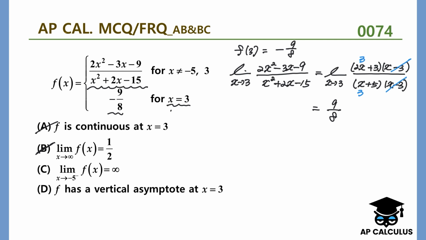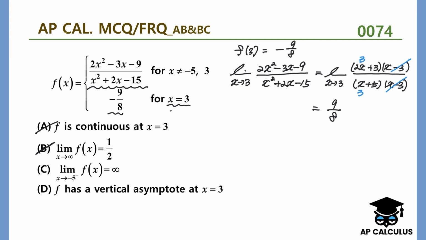Does that make sense? Okay, answer choice C. Limit as x approaches negative 5 from the left-hand side of f of x is equal to infinity. Okay, let's see if this is true. The f function is right here, and we simplified it. That is equal to 2x plus 3 over x plus 5.